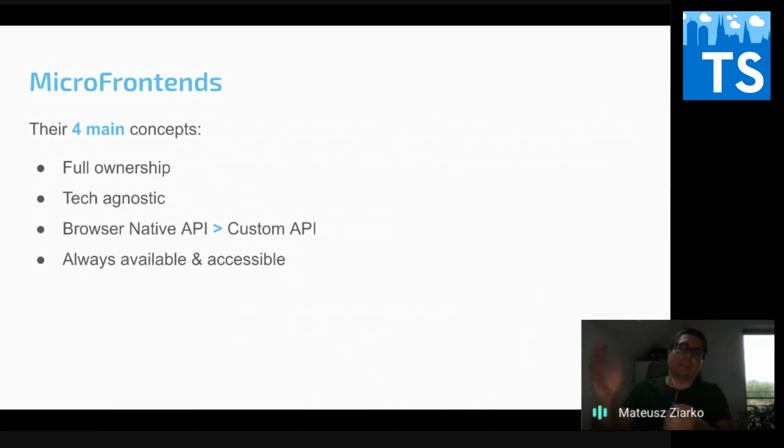Because we've got services there, here we've got features and components. They have to also use the native browser API instead of some custom APIs written to communicate between the components. Because we are going to have the wrapper that have to render the components. Somehow they have to communicate.